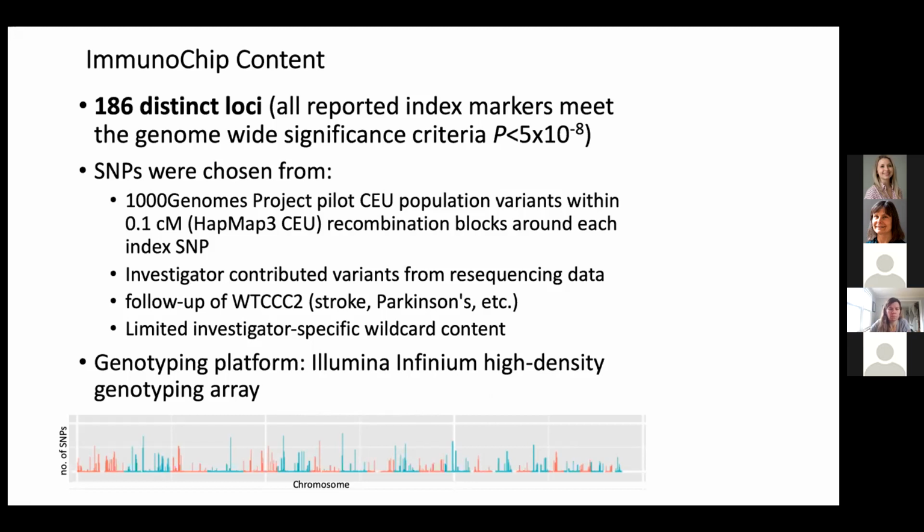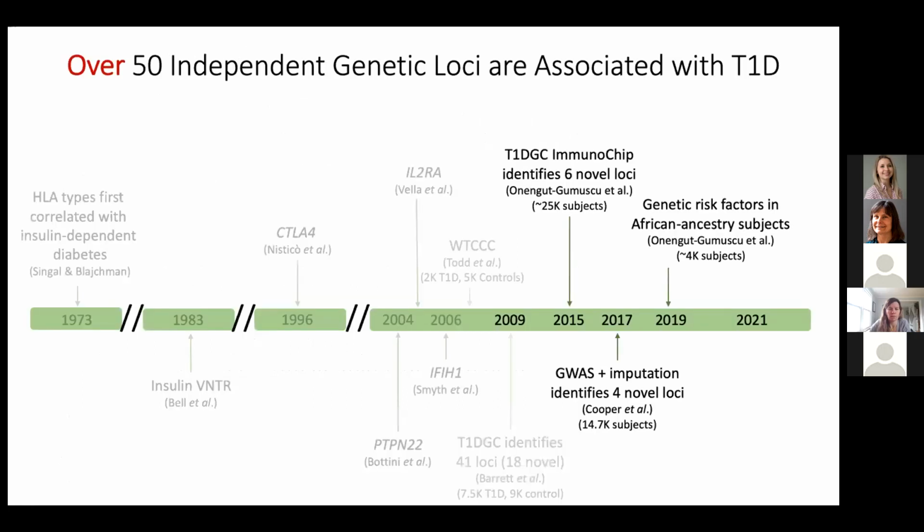So the aim of the fine mapping arrays are to capture the genetic architecture and hopefully help fine map and identify causal variants for the disease. So following the meta-analysis in 2015, we published our first ImmunoChip paper looking at 25,000 subjects. And in addition to previously reported loci, we've also identified 6 novel loci.